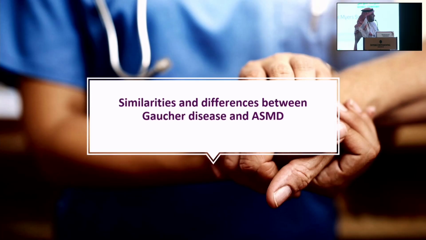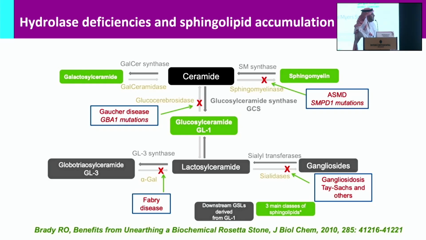So what's the similarity and difference between Gaucher and ASMD? Here in the pathophysiology, on the left side, deficiency of acid sphingomyelinase enzyme leads to accumulation of sphingomyelin. In Gaucher, there's deficiency of glucocerebrosidase, leading to accumulation of ceramide in the system.